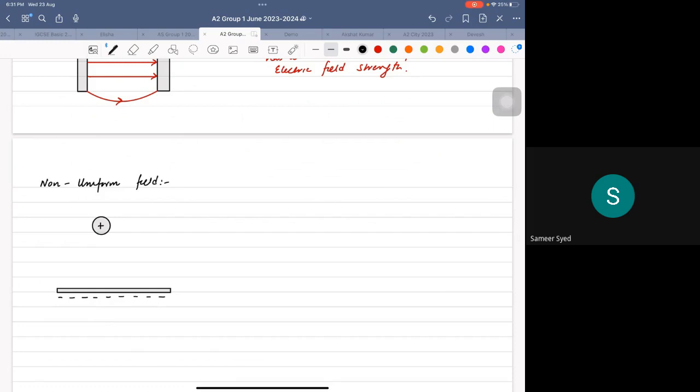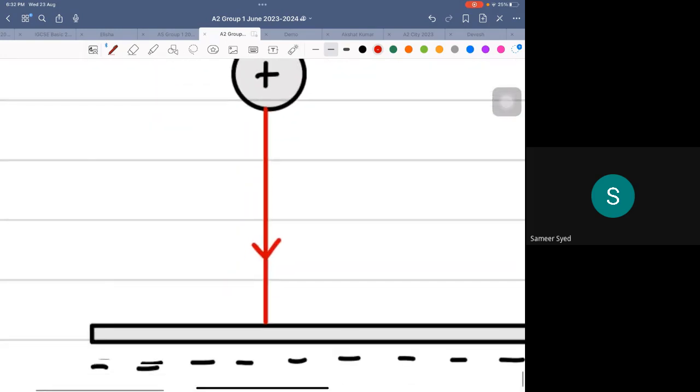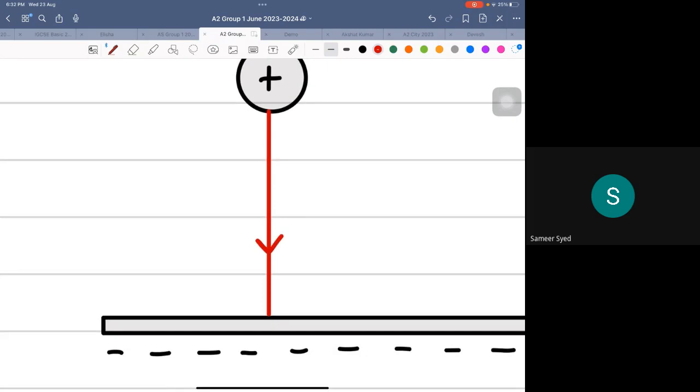So the field basically would be something like this. It will go from positive to negative, but then something interesting happens here. What you guys need to understand is that while drawing, the field will come out from the object at 90 degrees and it will enter back into the next object at 90 degrees as well, like that.